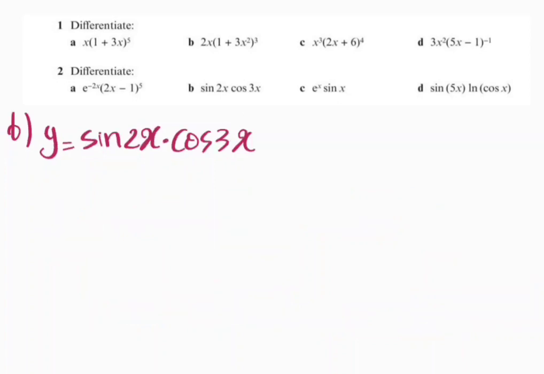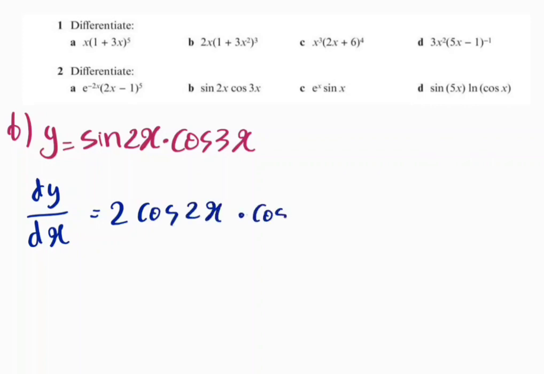B. y is equal to sin 2x times cos 3x. dy/dx is equal to sin 2x differentiates to 2 cos 2x, times cos 3x, and we now write down the first bit times the derivative of the second bit.